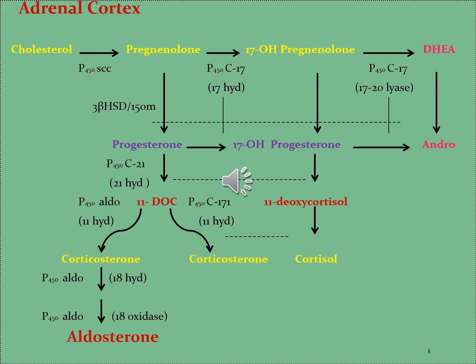In this way, the 11-deoxycortisol is changed into cortisol simply, and at the end, the corticosterone is changed into aldosterone by the effect of enzymes P450 11-beta aldo and 18-hydroxylase, as well as by the effect of enzyme 18-oxidase, which gives finally the hormone aldosterone.